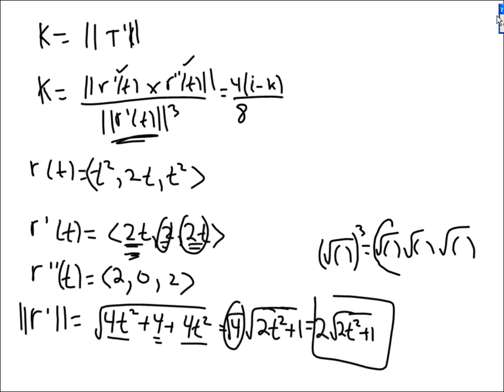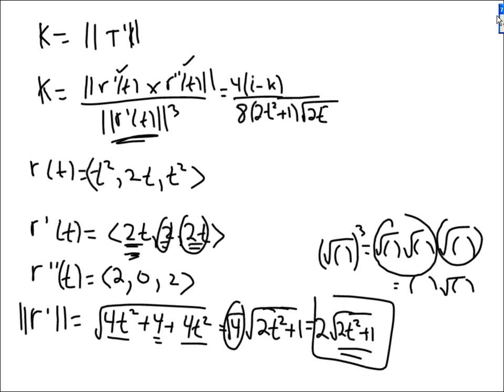Well, the square root of something times the square root of that something is that something. So the something happens to be 2t squared plus 1. So we get 2t squared plus 1 times the square root of 2t squared plus 1. And that is your curvature.